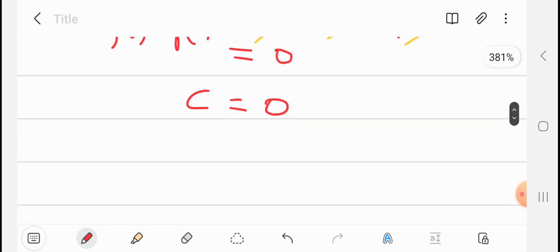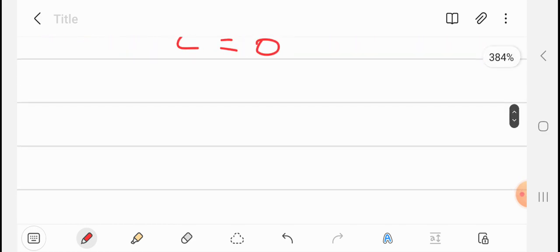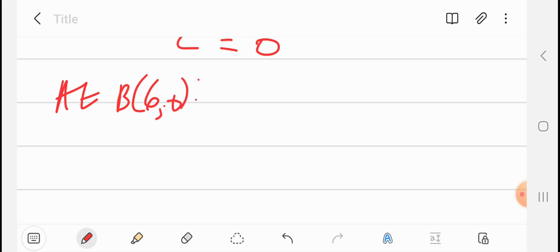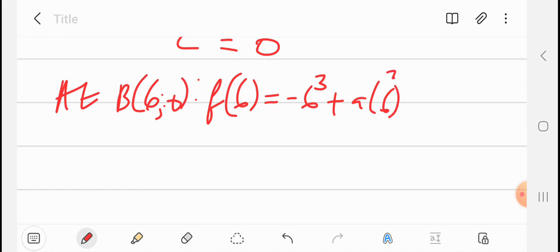Right, moving forward, we continue to explore this, but there's another point. We've seen that at the point B, B has coordinates 6 and 0. The point B would have therefore f of 6, which is minus 6 cubed plus a into 6 squared plus b times 6.